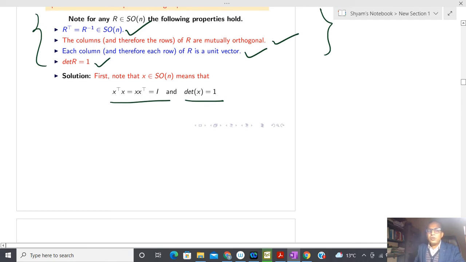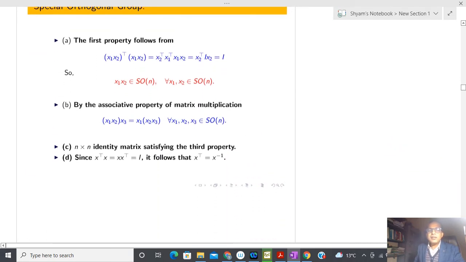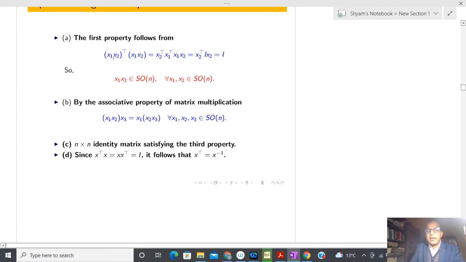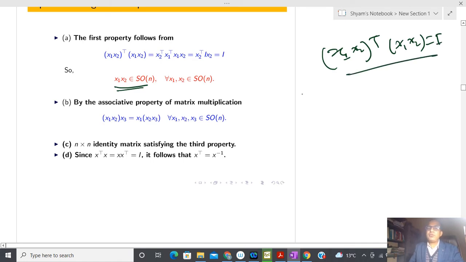Now if I take some elements x1 and x2 in place of x, and they belong to SO(n), I am going to prove that if x1 and x2 individually belong to this, then x1 x2 also belongs to this. For that, I have to prove that the multiplication of x1 x2 transpose and x1 x2 is identity.